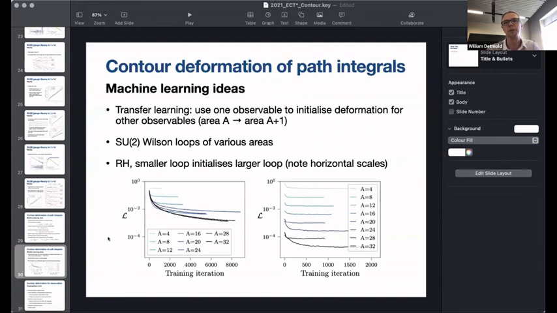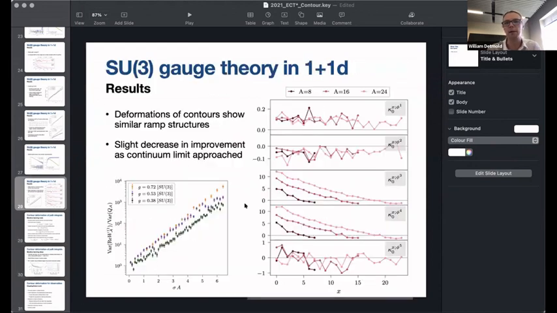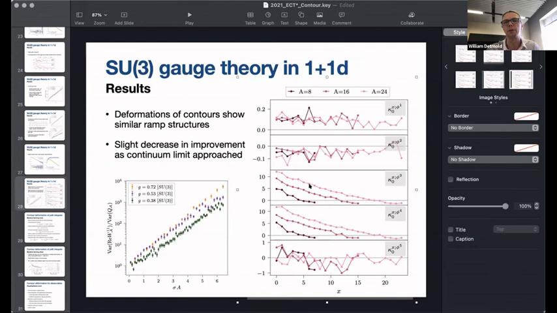But you can see from the right-hand plot here that the additional optimization is very easy to do in some sense. And I think the reason for that goes back to these plots, where this is the SU(3) version of these ramps. I don't know if you can see my pointer, but we have these ramp behaviors of certain parameters.